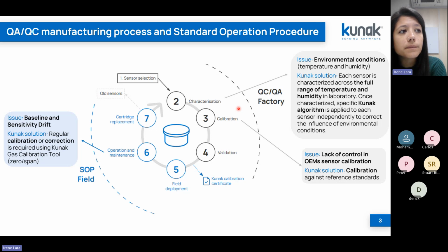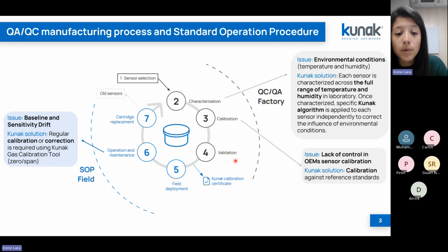Once we have applied this algorithm, we calibrate our sensors. The idea is that we don't manufacture the sensors; they come from a provider, and we have no control over sensor calibration. So we perform calibration here in our lab in order to check the sensitivity of the sensor. And then the fourth step is the validation.